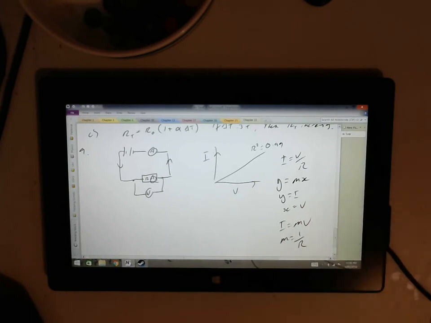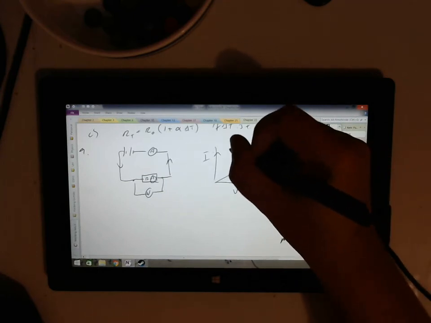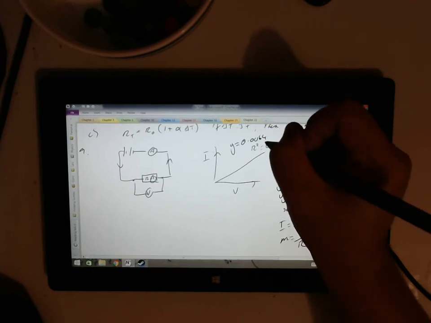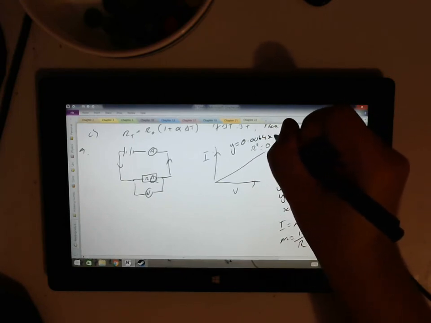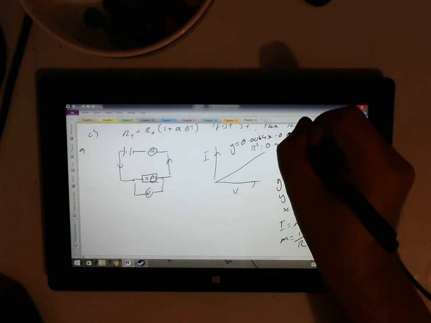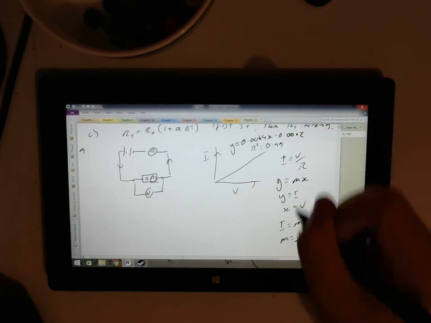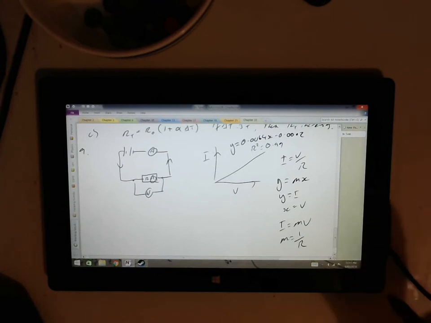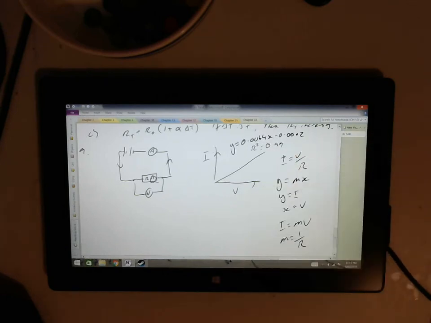So if I take whatever my gradient is, and then I inverse it, and if I display the equation, I get the equation y equals 0.0064x minus 0.0002. I don't care about the 0.0002 at the end because it is just an intercept. All I really care about is that gradient, that number in front of my x.